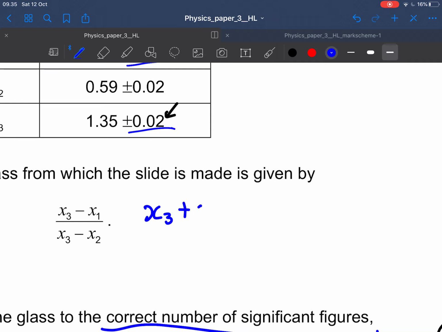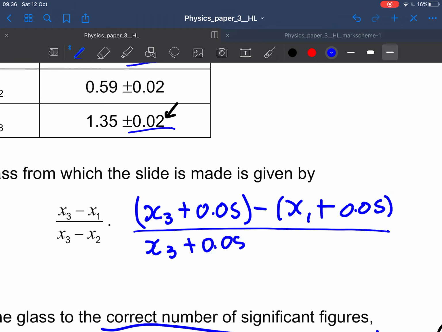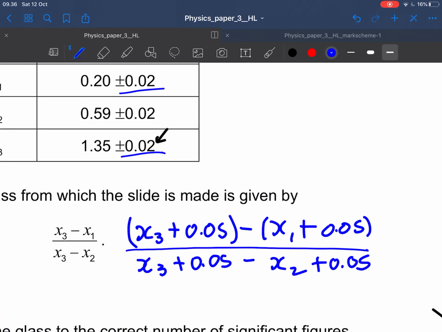So x3 becomes x3 plus 0.05 minus x1, which also is plus 0.05. And that's all over x3 plus 0.05 minus x2 plus 0.05.